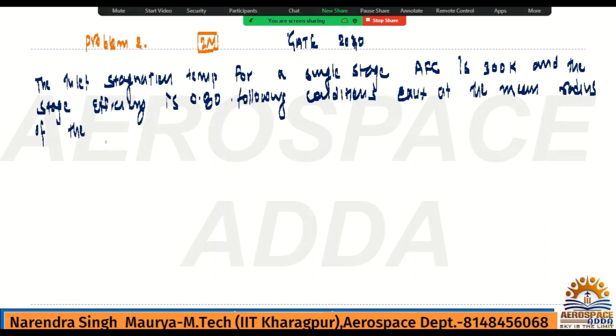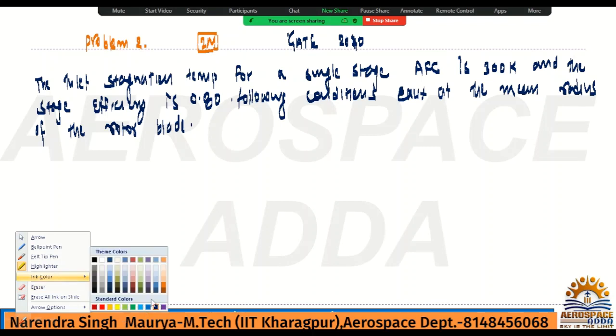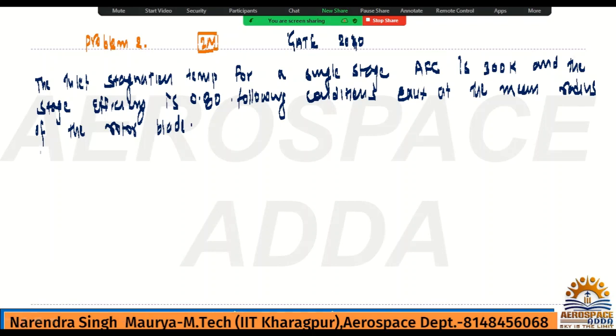of the rotor blade. If you remember, when I explained the velocity triangle, at that time I told you that whatever velocity triangle we had drawn for the axial flow compressor, for the centrifugal compressor, for the axial flow turbine, it is for the mean radius, average. Now the data they have given to us: blade speed 200 meter per second.